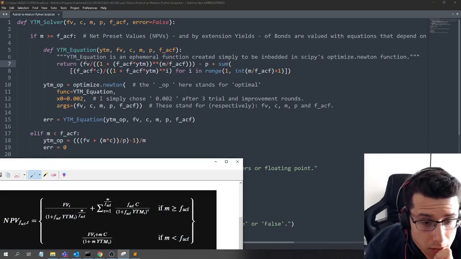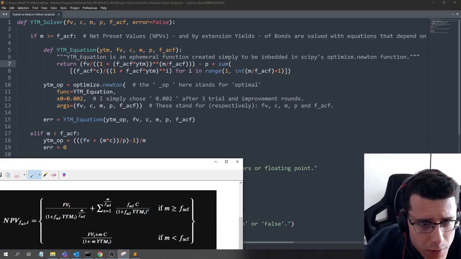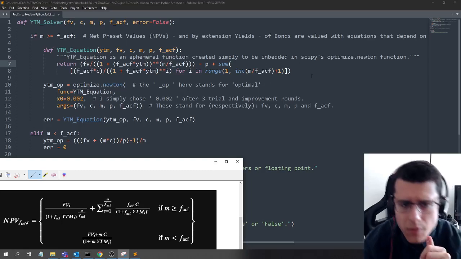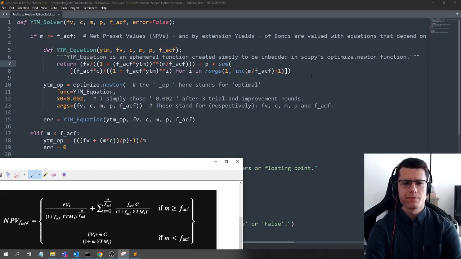Frequency times c, which is correct, and that's what we did last time. 1 plus my frequency, all in brackets, to the power of i, for i in range. Exactly like last time. This makes no sense. There's something wrong here.